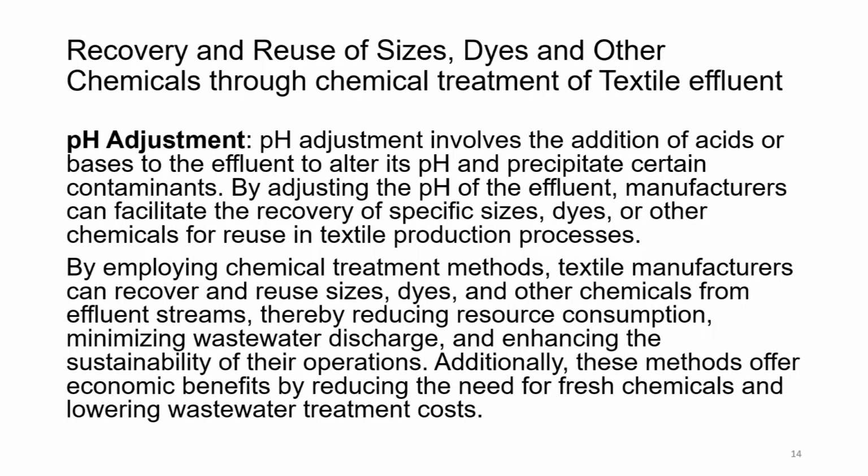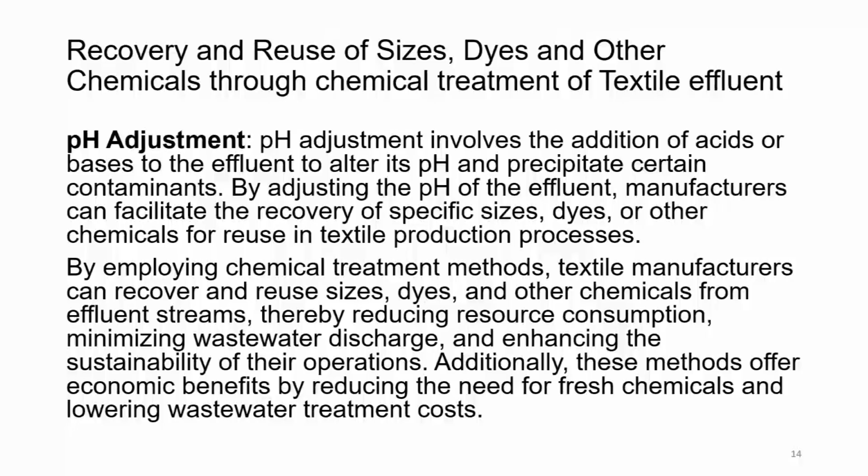Now, during this, a lot of emphasis is being given to pH adjustment. pH adjustment involves the addition of acids or bases to the effluent to alter its pH and precipitate certain contaminants. So, again pH has a double role to play.